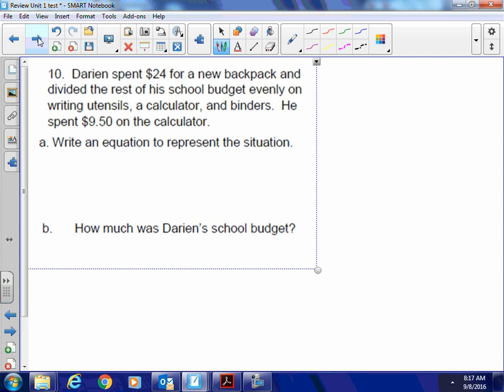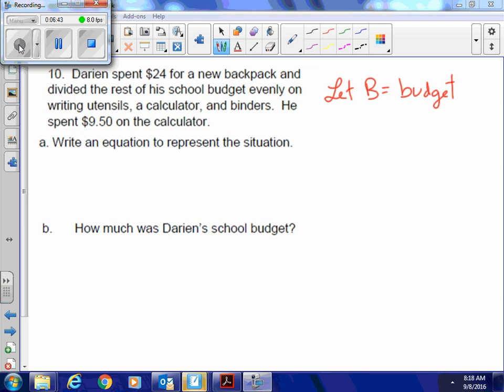Number 10, Darian spent $24 for a new backpack and divided the rest of his school budget evenly on writing utensils, a calculator, and binders. He spent $9.50 on the calculator. Write an equation to represent the situation. Well, let's let B represent the budget, because that's what we don't know. How much did he have in his budget? Well, from his budget, he's going to take away $24 for the backpack.